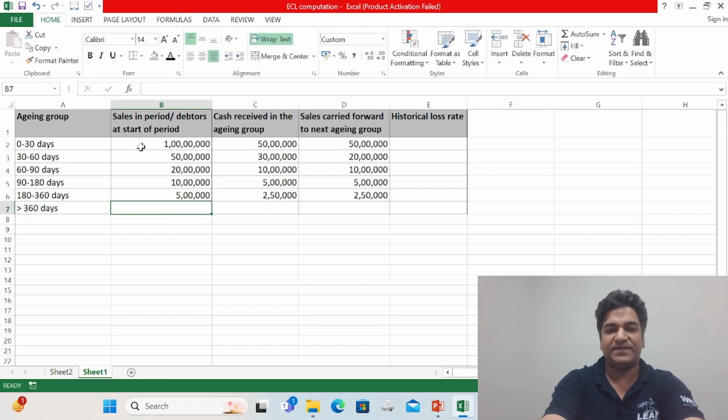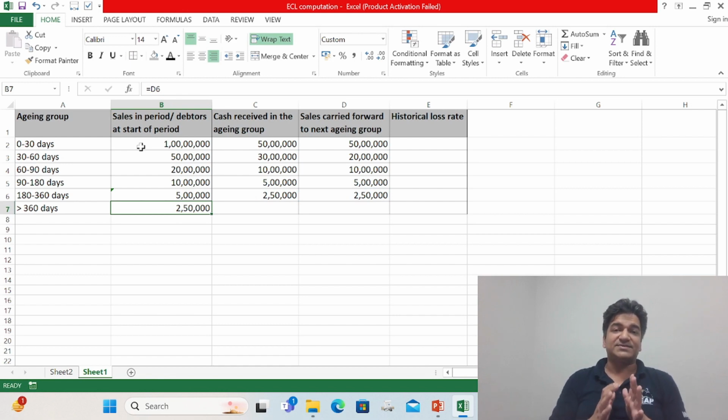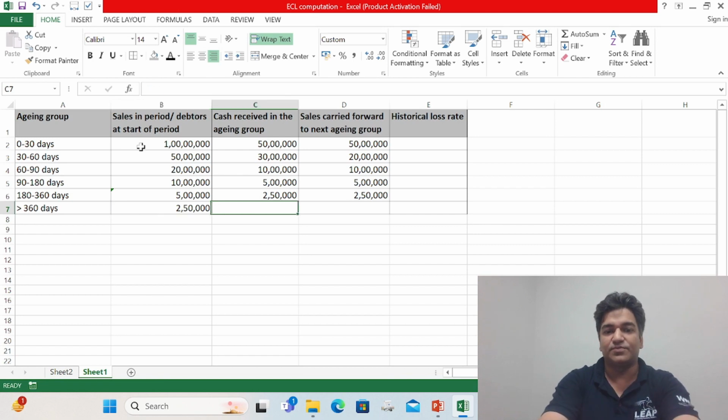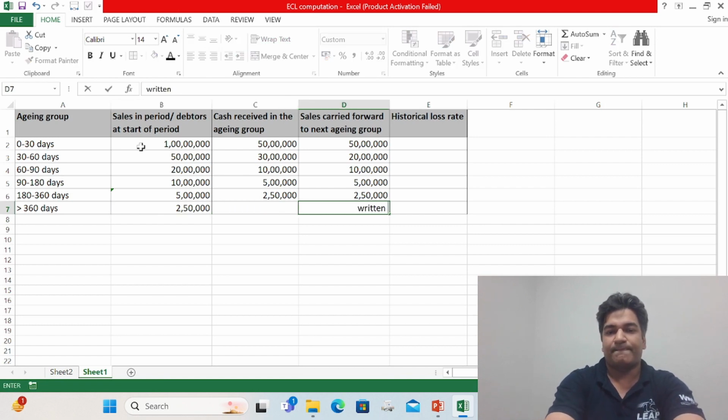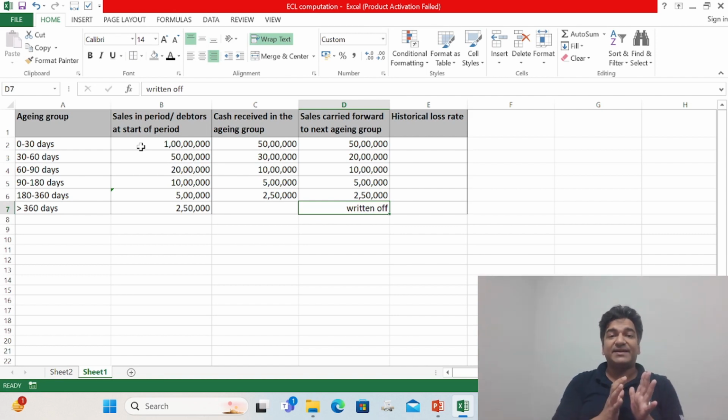So 2 lakh 50,000 rupees is now pending. And after reaching 360 days, the customer has denied making the payment. And as such, entity has to write off this amount of 2 lakh 50,000 rupees. So this is the historical data which was there with the entity.